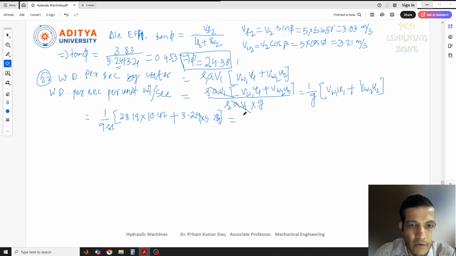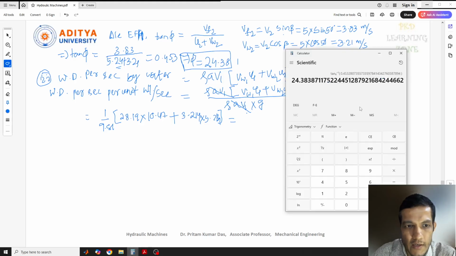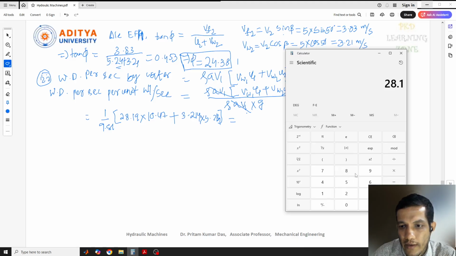So finally we'll do one thing, we'll calculate it immediately. 24 is not required. So this is 28.19 into 10.47. How much? 294. This is plus bracket start 3.214 into 5.24 bracket close equal 311.99 divided by 9.81.